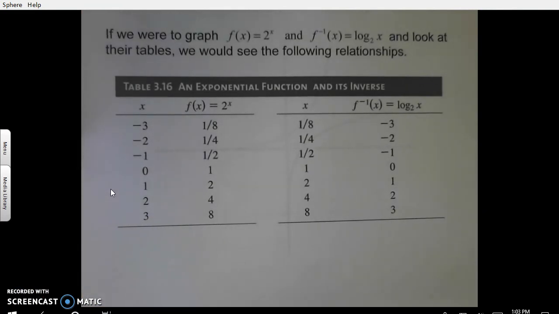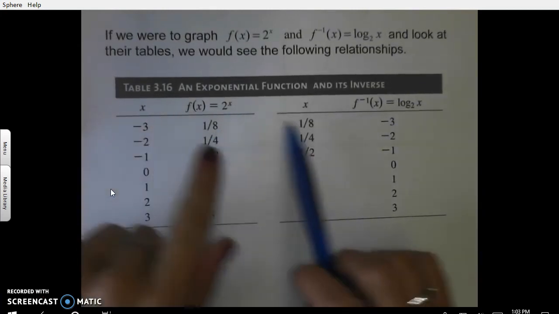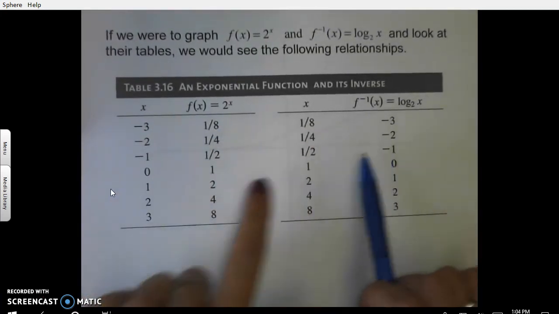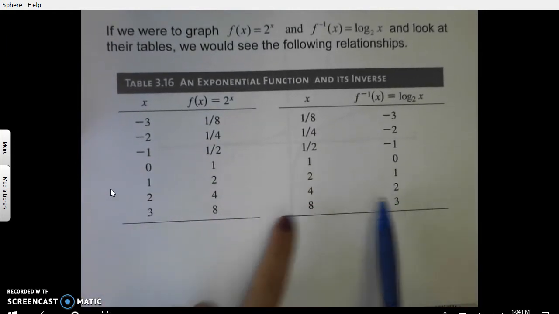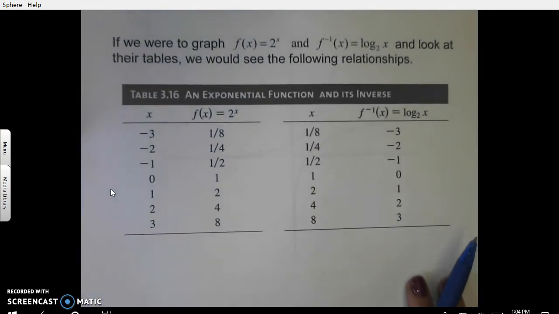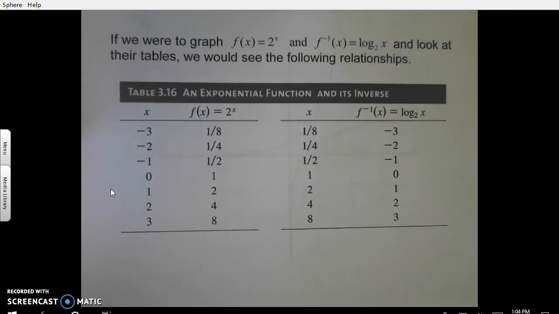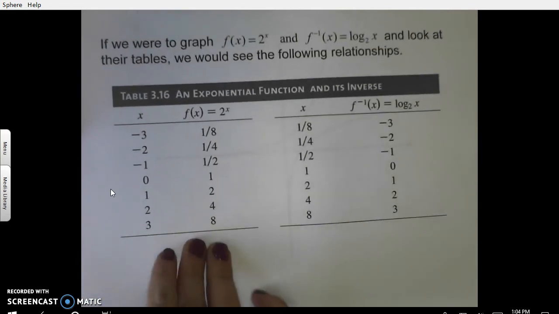If we were to graph f of x equal to 2 to the x power and the inverse, log base 2 of x, and look at our tables, we see this relationship. Our x values and our y values have switched, which means we have reflected over the line y is equal to x, which means these two relationships are inverses.